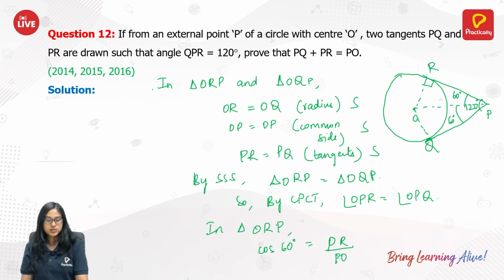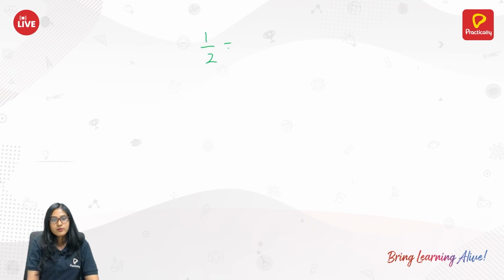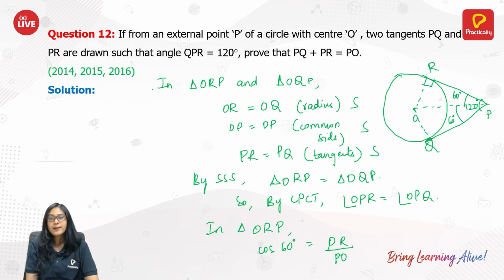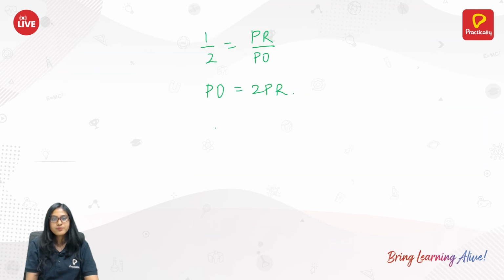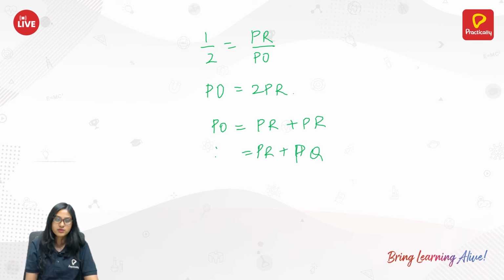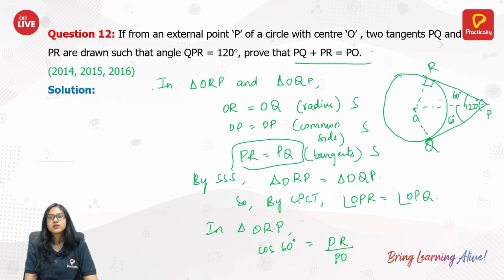What is cos 60? 1 by 2. So 1 by 2 equals PR by PO. Now, PO equals 2PR. But can I write PR equals PQ? Of course. So PO equals PR plus PR, PR plus PQ, because we know that tangents are equal. So we have proved that PO equals PR plus PQ. Hence proved.